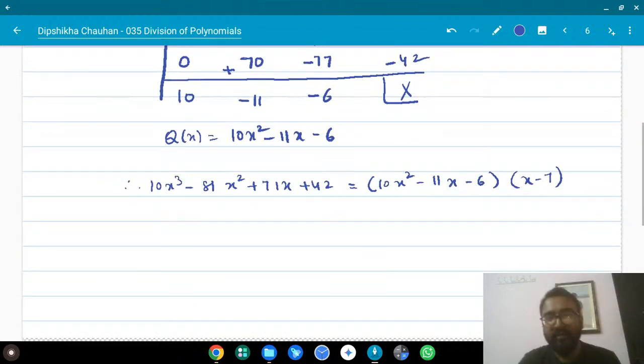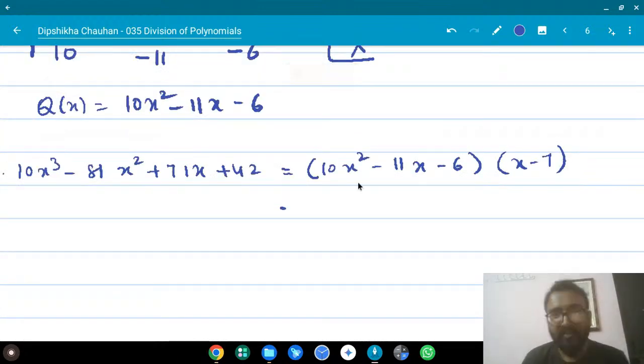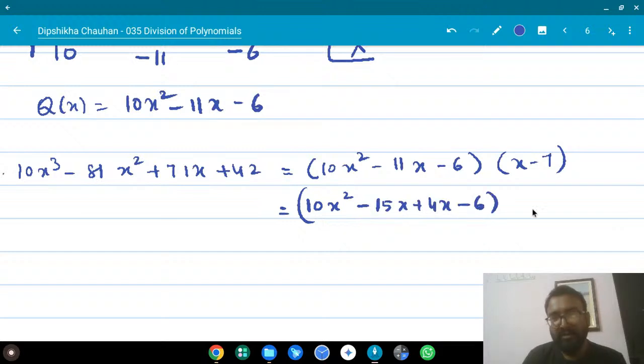Now 10 times 6 is 60, and the factors of 60 are 15 and 4. So it is 10x squared minus 15x plus 4x minus 6, into x minus 7.